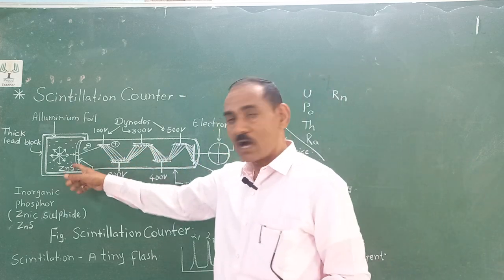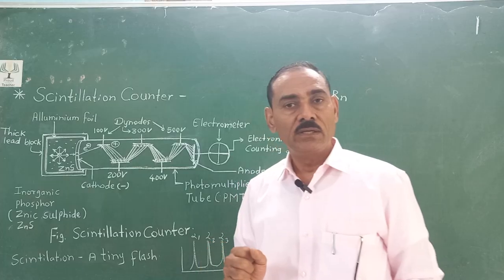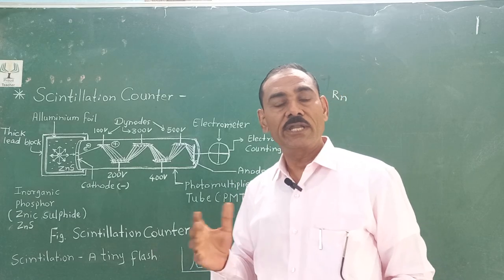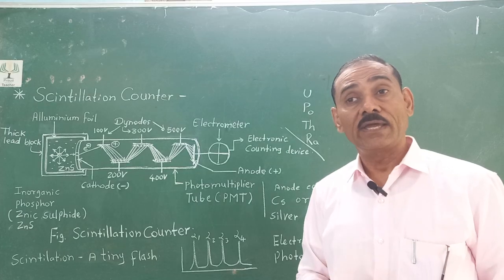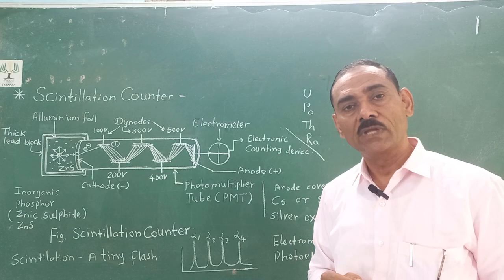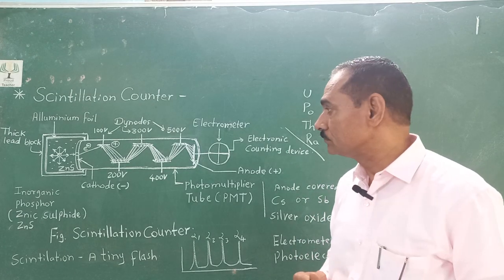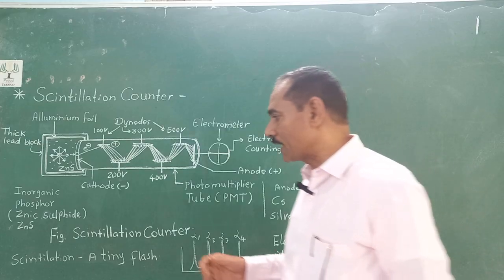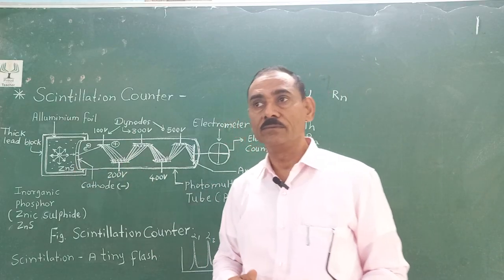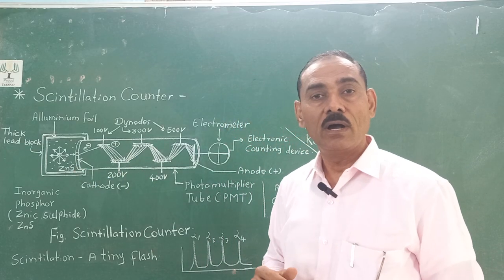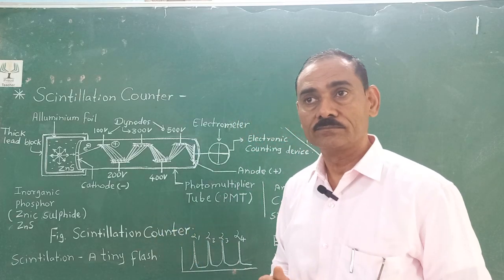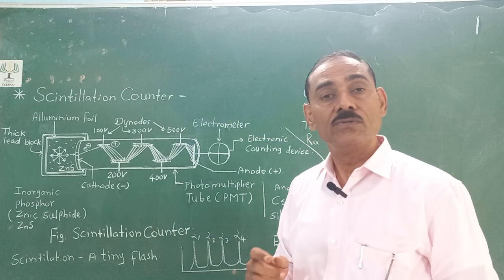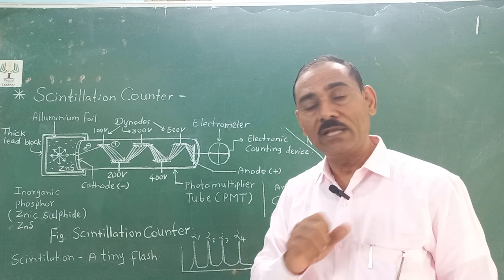Those particles fall on the organic and inorganic phosphor. The organic phosphors are like xylene and anthracene, and inorganic phosphors are like zinc sulfide and sodium iodide, which are activated by thallium. Sodium iodide is activated by thallium.